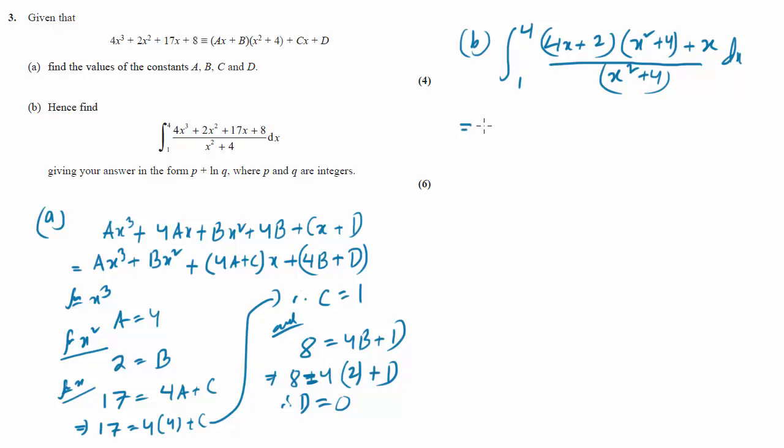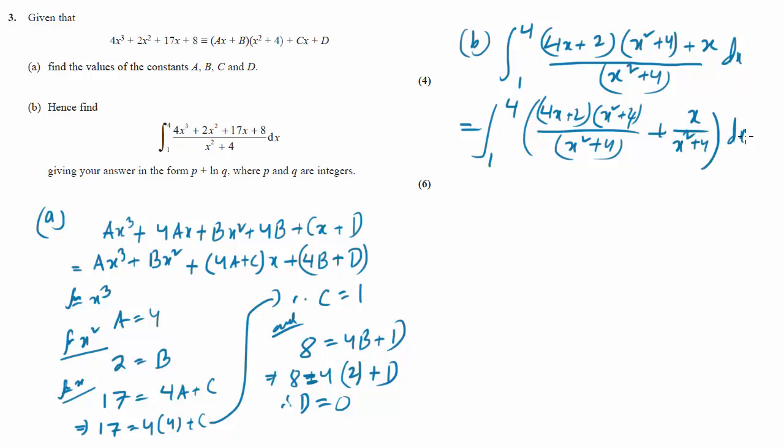Now we can just simplify this using algebra, and it turns out to be 4x plus 2 multiplied by x squared plus 4 divided by x squared plus 4, plus x divided by x squared plus 4, dx.